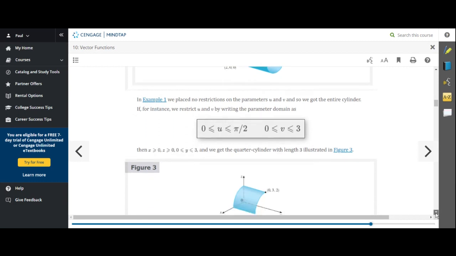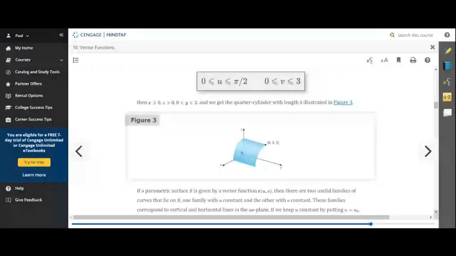And if you did that, you would get this quarter cylinder in figure 3.